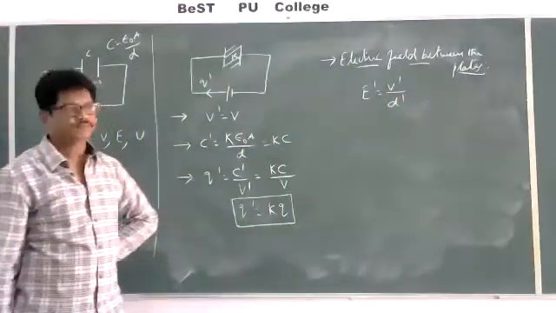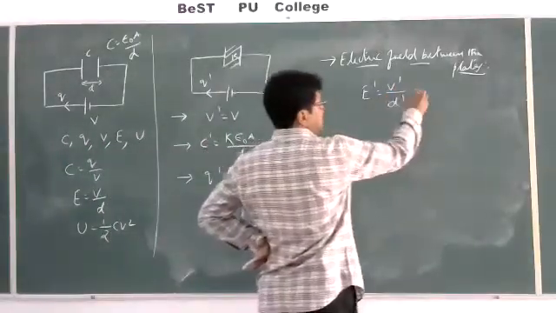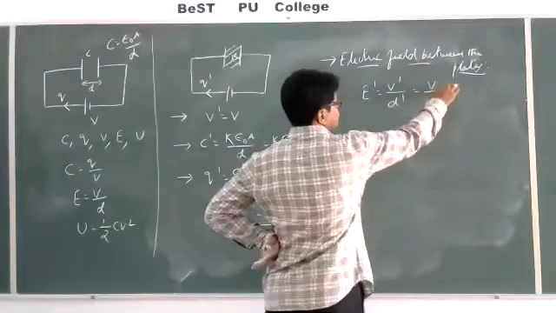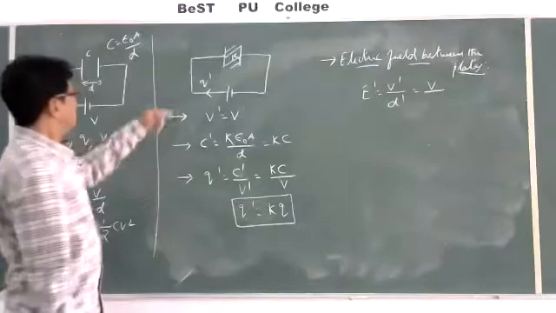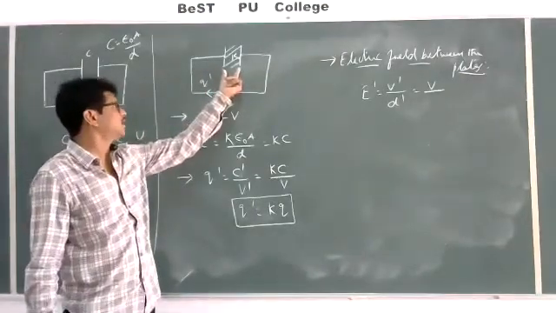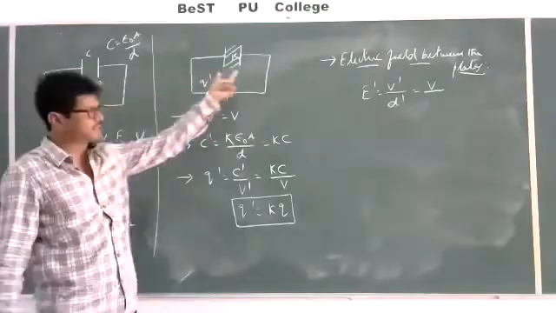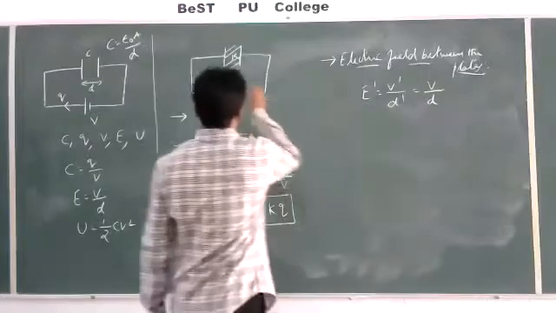As we know, if the battery is still in connection, the potential difference remains constant. D dash is the distance between the two plates. We are not altering the distance between the two plates. So D dash is also equal to D.